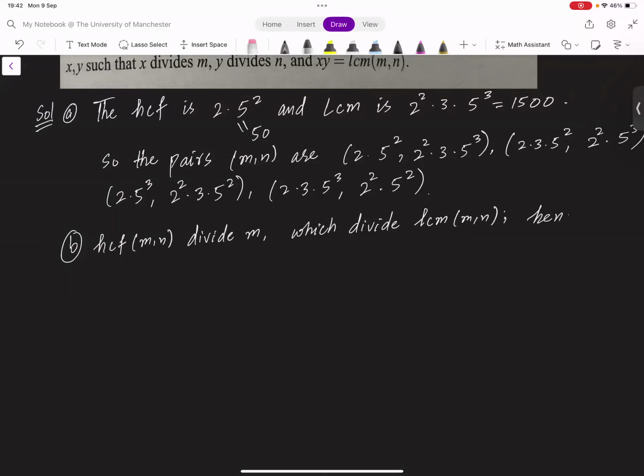Hence, HCF of m comma n divides LCM of m comma n.